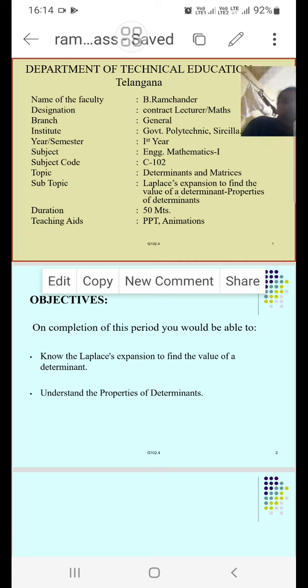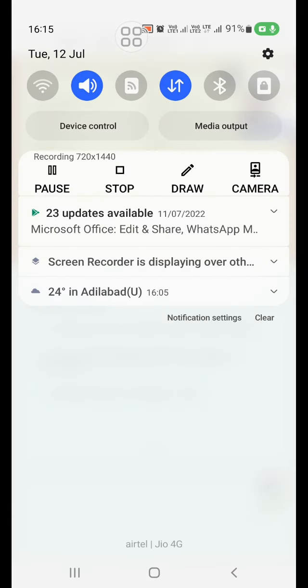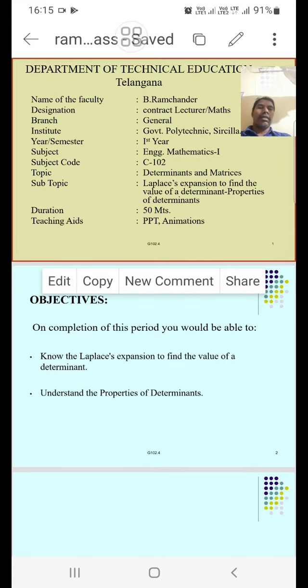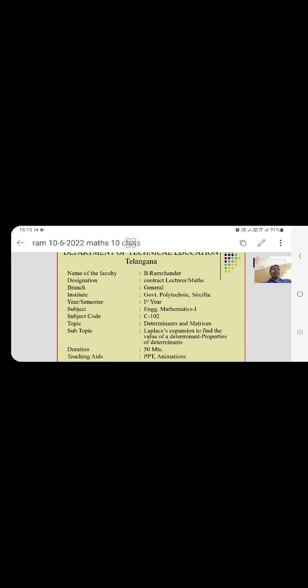So in this class we will learn the determinants of matrix and determinant properties, and Laplace expansion, which we know is the process of finding the determinant of a matrix.